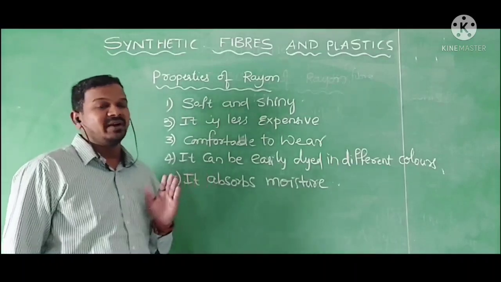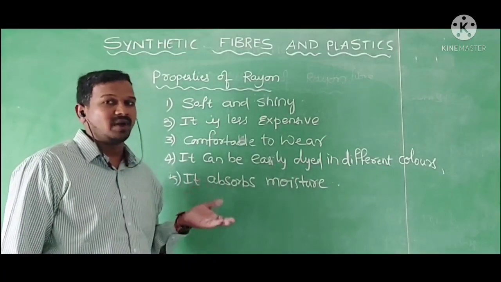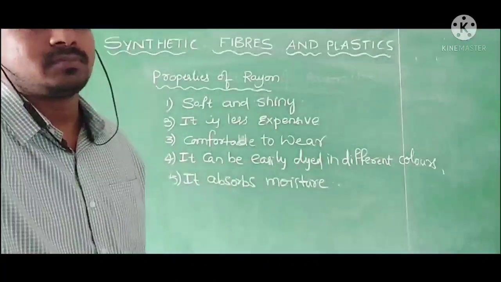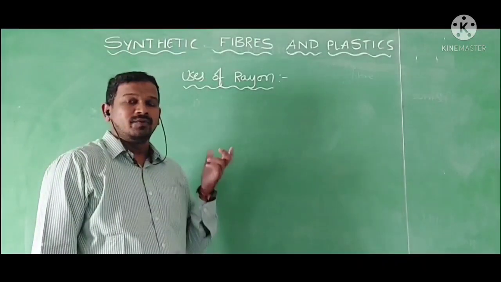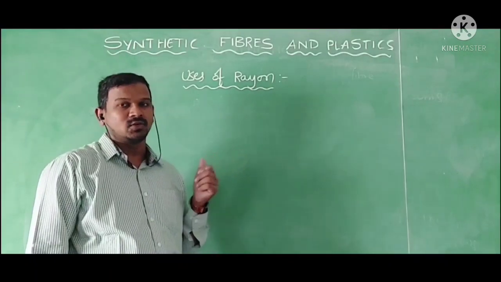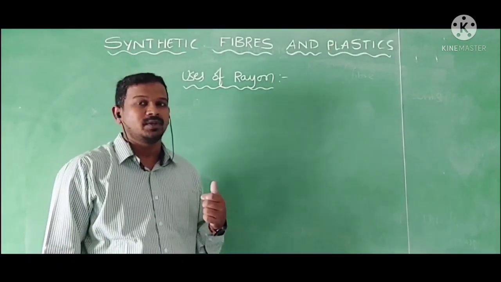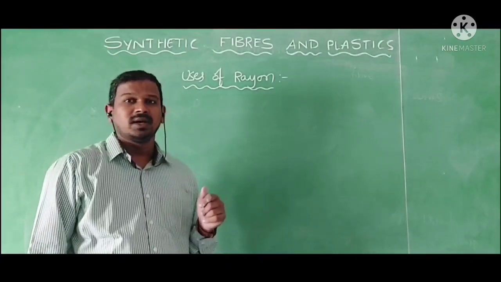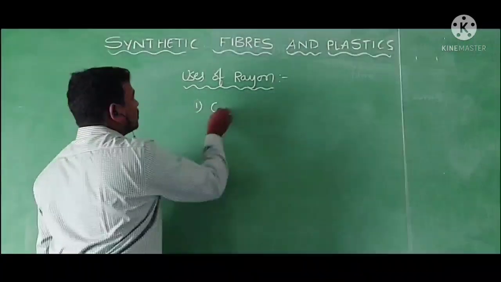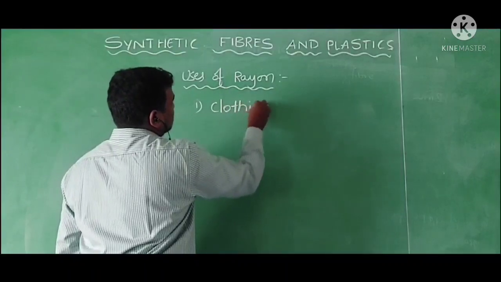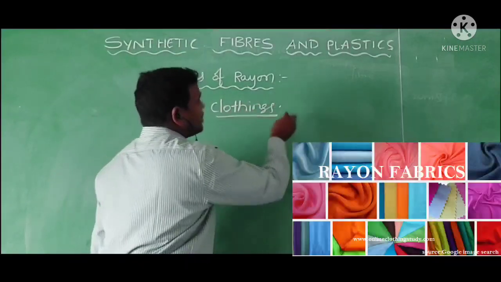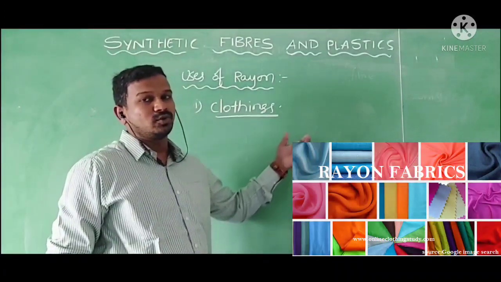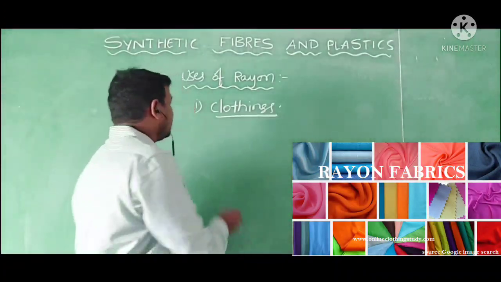There are some advantages or uses of rayon fabric that we are going to discuss now. With the properties we discussed just now, there are some uses also. Rayon is used in a wide variety of places. Rayon is used in clothing, dress materials. It is very bright and lustrous, and due to that we use it to manufacture clothes.